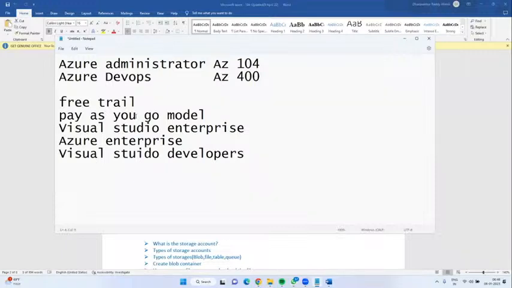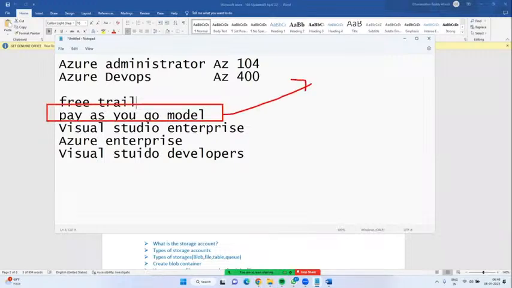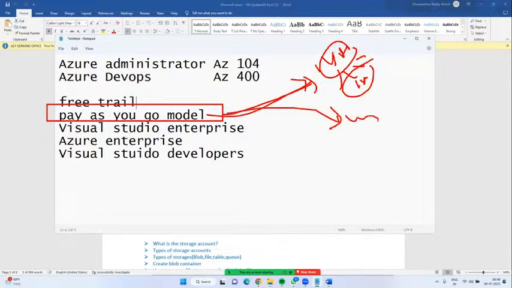What are the advantages? For example, we are all working in one account. One project may require only 1 year. After 1 year, they are going to destroy it. So they will take the pay as you go model. Whatever services they deploy, they can consume for 1 year. After 1 year, they will delete this subscription.